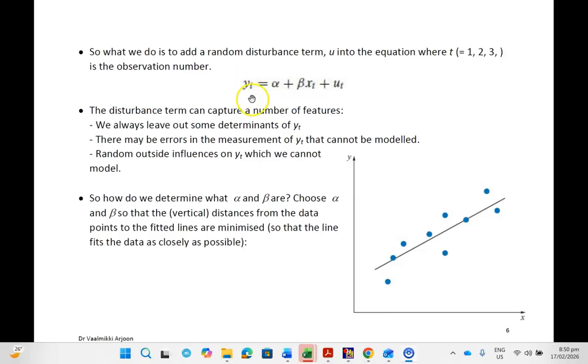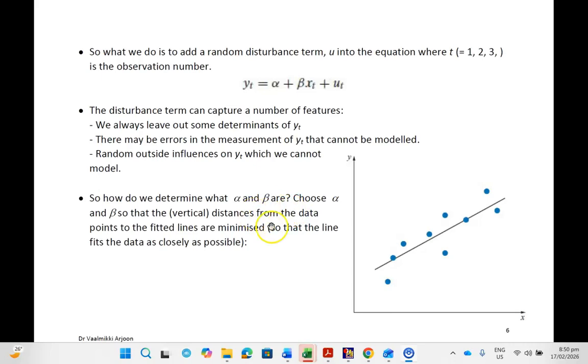But taxes are not the only variable that's going to affect sales, right? Prices will affect sales too, but they are left out of this equation. So that effect is going to be captured by the random disturbance term, or the error term, as it's also frequently called, u t.